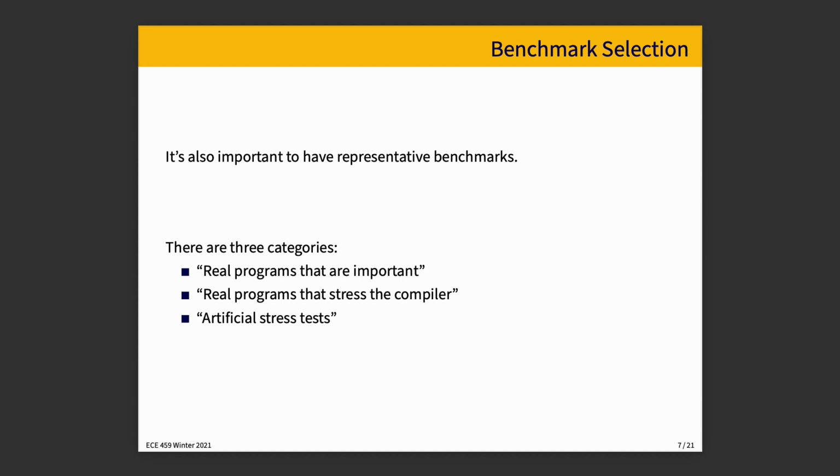Real programs that are important is a suite of 15 programs that are important to the Rust community, and the goal is to actually improve the Rust compiler for the Rust community. So using it to compile actual Rust programs that matter to people is a good way of validating that we're checking the right thing.